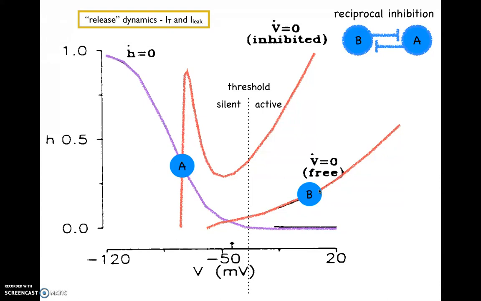Now this would be considered a release mechanism, because A is stuck here and inhibited, and the reason why A will become active is because B crosses the threshold and becomes silent here. So the mechanism for the ending of the silent phase of the inhibited neuron is the timing out of the activity of the active neuron, and so this is a release dynamic.